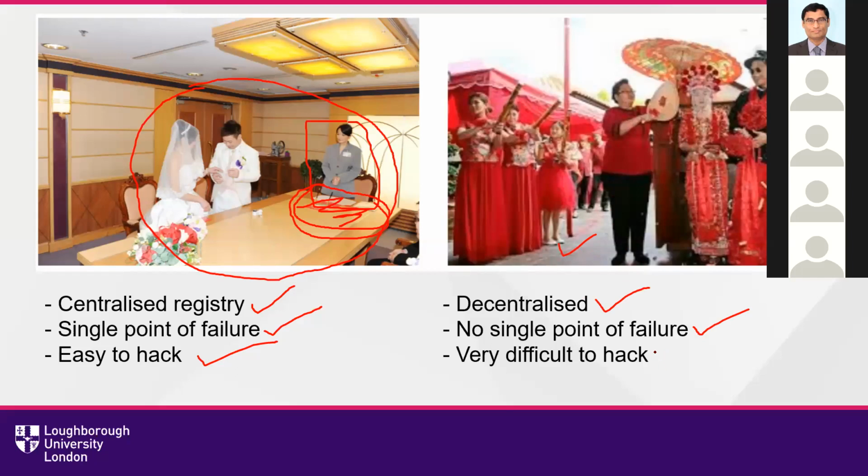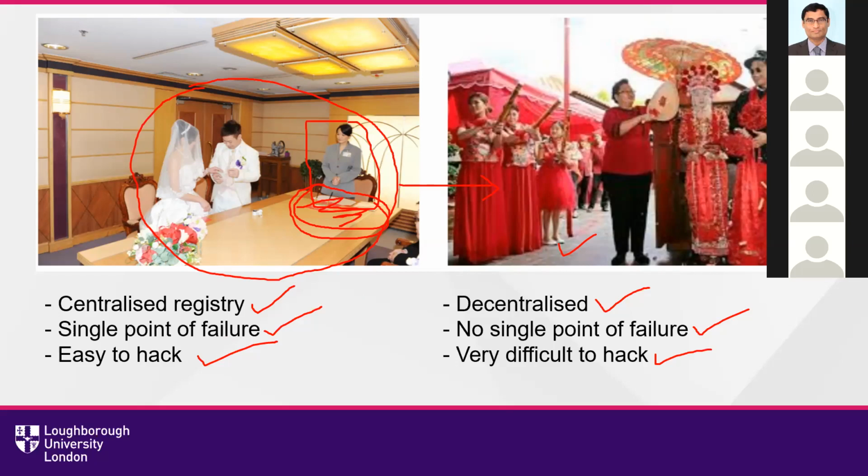But at some point, people will know that you already married, right? That is the beauty of going from a centralized scenario to a decentralized scenario. If it is decentralized, there's no single point of failure and it is very difficult to hack. That's the beauty of blockchain.